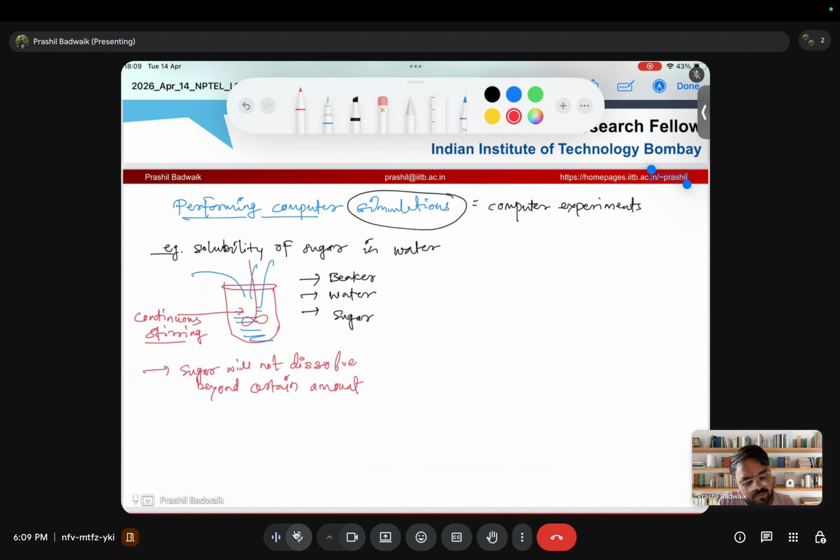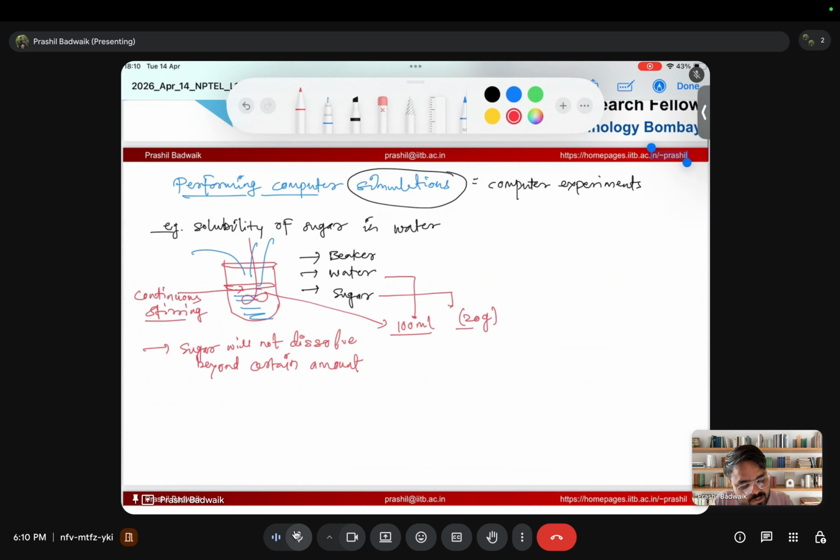And that's where we calculate: if I'm taking, for example, 100 ml of water, then what is the maximum sugar that I can add? For example, 20 gram, so the solubility will be 20 gram per 100 gram, which is 0.2 gram per gram water, right?